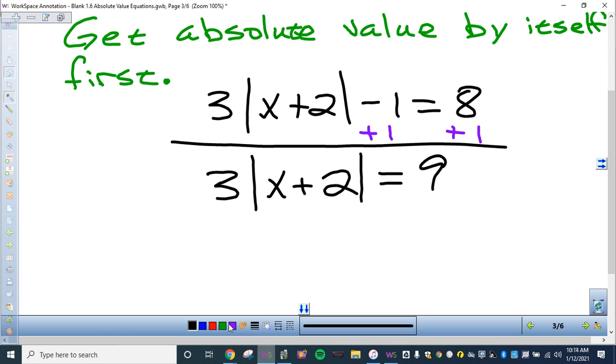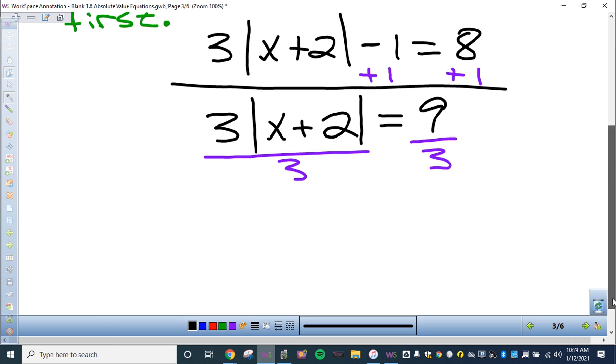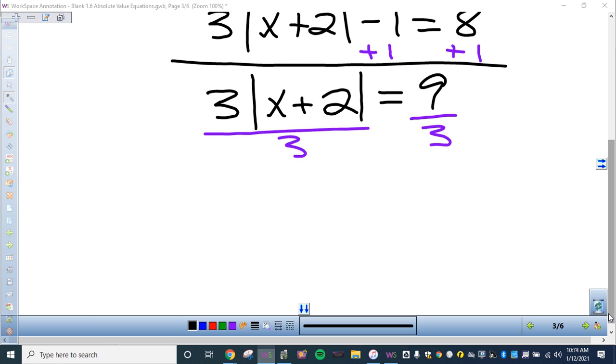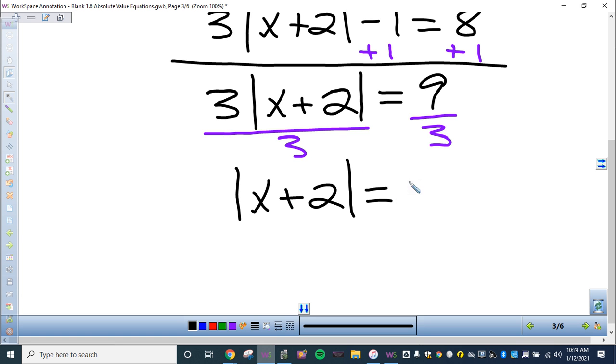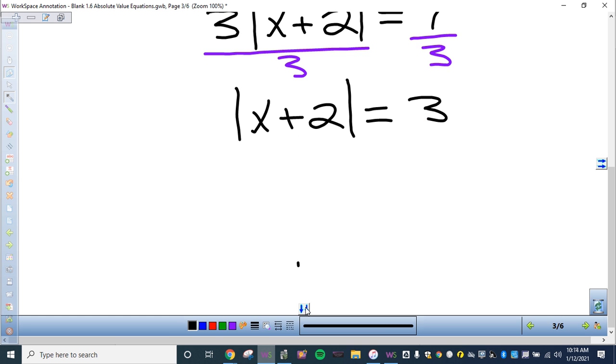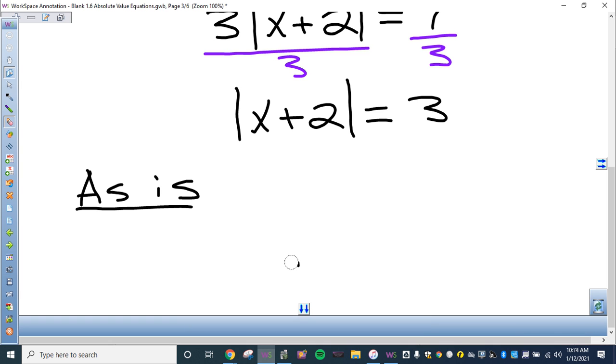You got a graphing calculator. You do not, however, on this problem end up with a fraction. Everything divides equal, so everything's good. So we have absolute value, x plus 2 equals 3. Now we write our 2 equations. First one as is, second one flip it. So first as is, second flip.